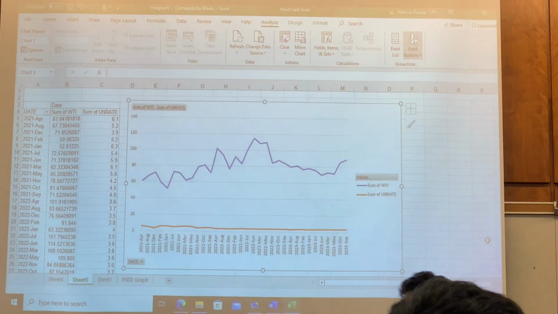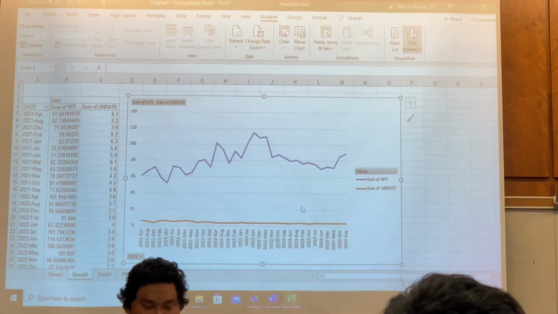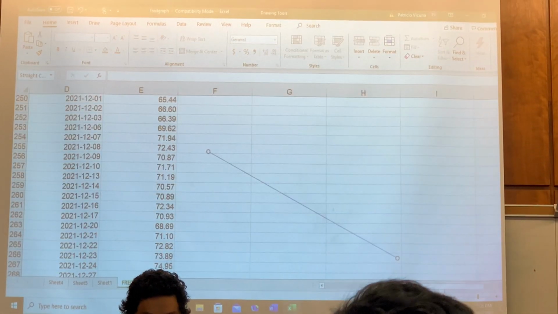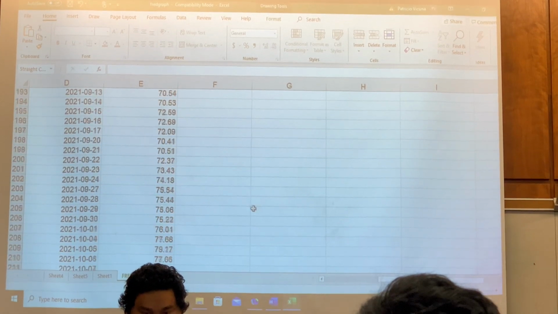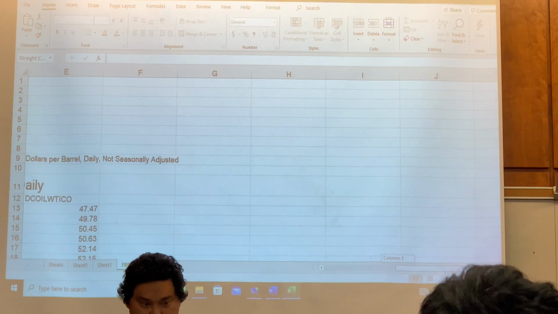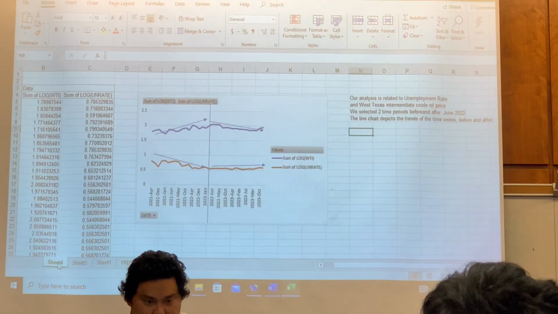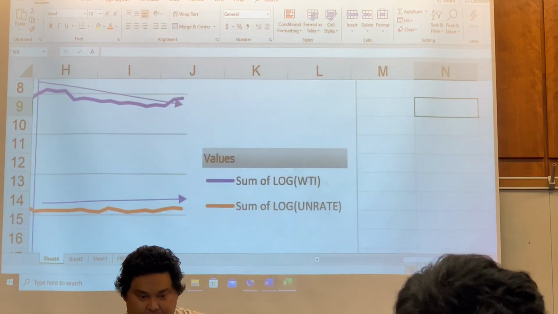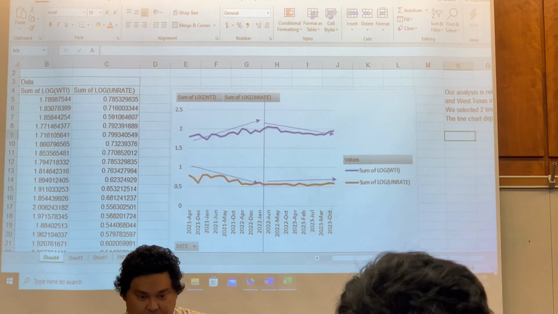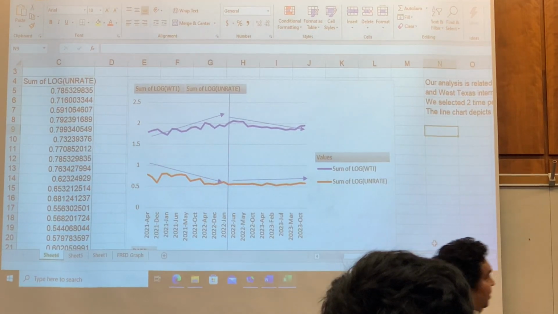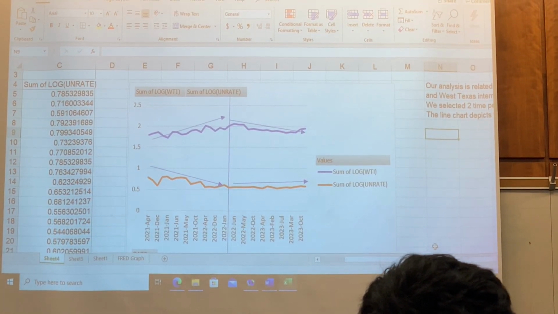Do you see this orange line is extremely flat? But if we go here, look at this here. Do you see it's easier to understand this?